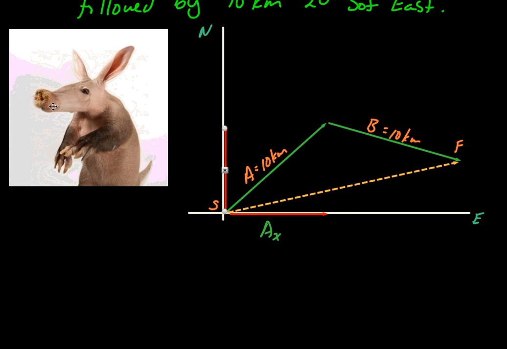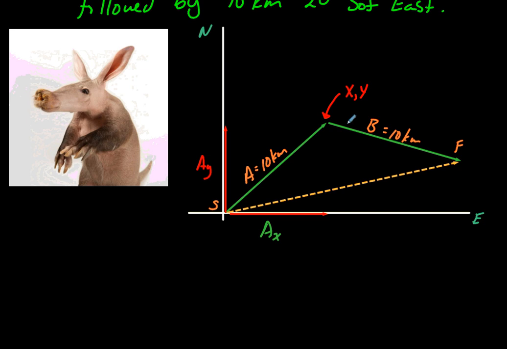A y component of A. So A y, how far the aardvark moves in the y direction. If you were to define this point on a Cartesian plane, it would have an x coordinate and a y coordinate. So that's what we're looking for. What is its x coordinate? What is its y coordinate? Does that make sense?